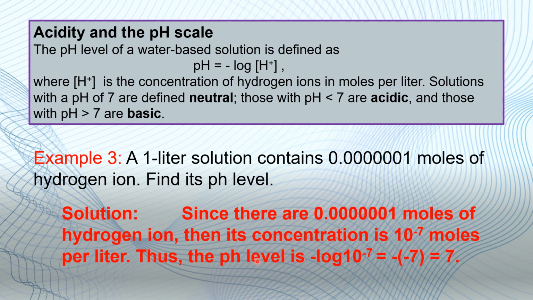Thus, the pH level is negative logarithm of 10 raised to negative 7. And logarithm of 10 raised to negative 7 is negative 7. Multiplying by the negative, negative times negative is equal to positive 7.